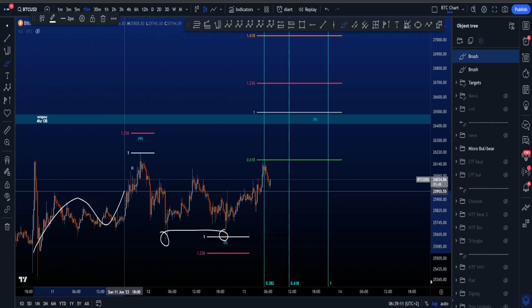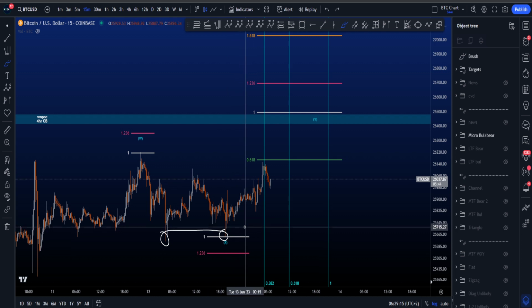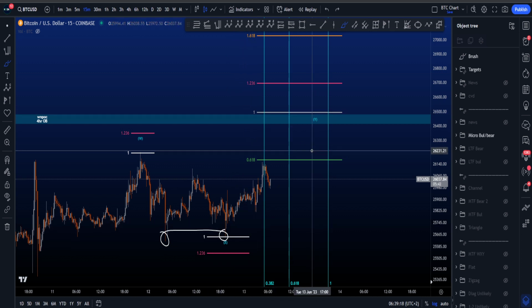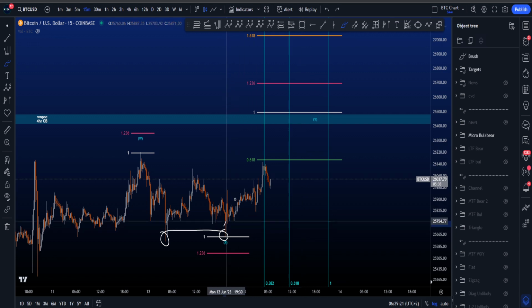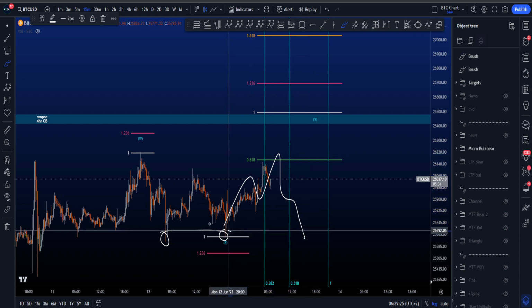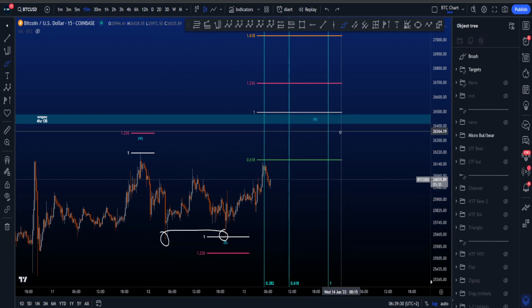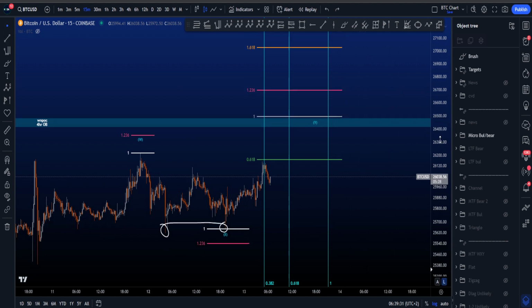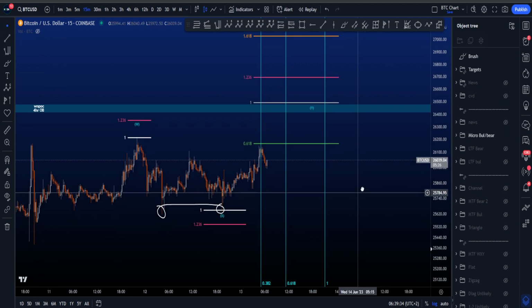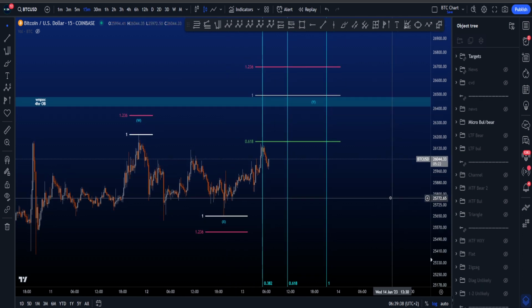So a zigzag in wave W, a zigzag over here in X, but we could have a flat in Y, because we do know a Y can be a zigzag, triangle, or a flat. So it is possible that this is then somewhat of a 3-wave, expecting another 3-wave to the downside to then grab the liquidity below here and then move to the upside. That is also possible. That is why corrections are usually also very difficult to trade, right? From an Elliott Wave perspective, because there's so many different possibilities.